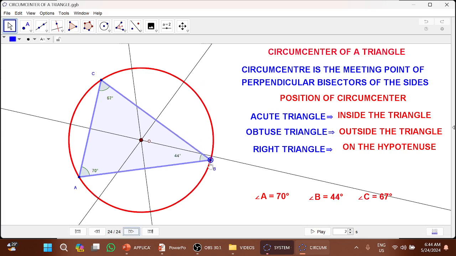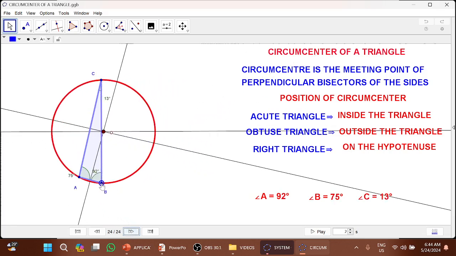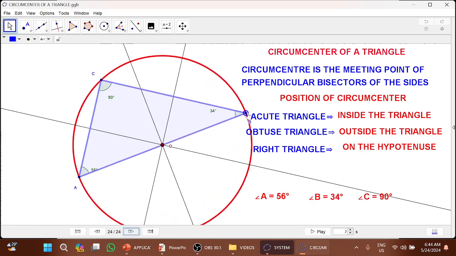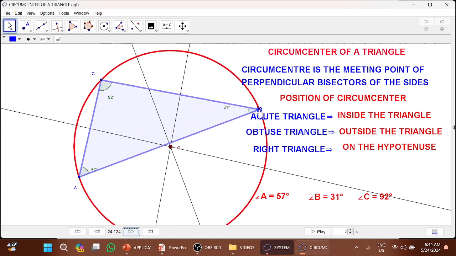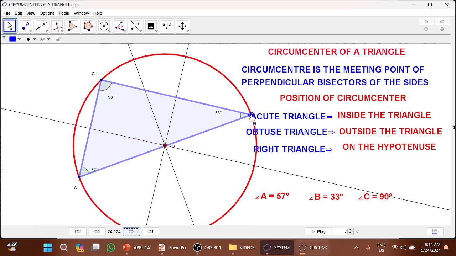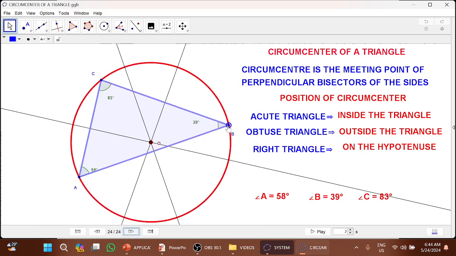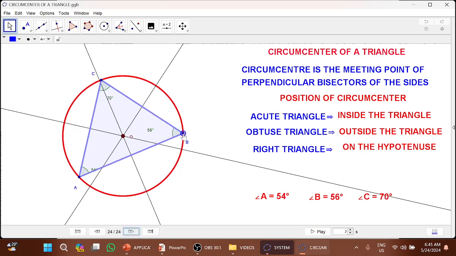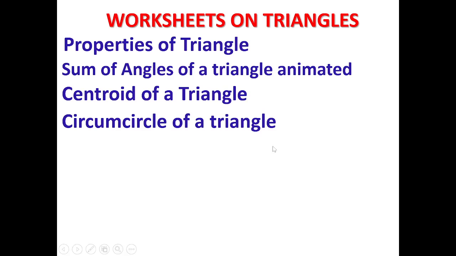You can show them by simply moving it. Okay, I am making it into an obtuse triangle, it is going outside. For a right triangle, it is on the hypotenuse, and for an acute triangle, it is inside. Now a child can understand the circumcenter better.